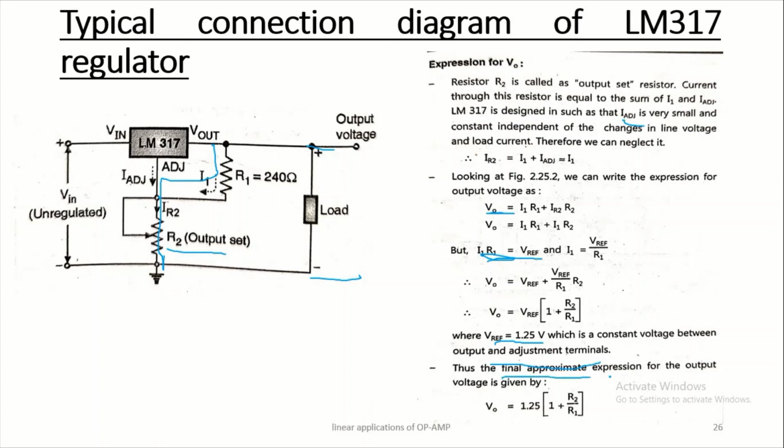Thus the final approximate expression for the output voltage is V0 is equal to 1.25 times (1 plus R2 by R1). This equation indicates that we can vary the output voltage by varying the resistance R2. The value of resistance R1 is normally kept constant at 240 ohm for all practical applications.